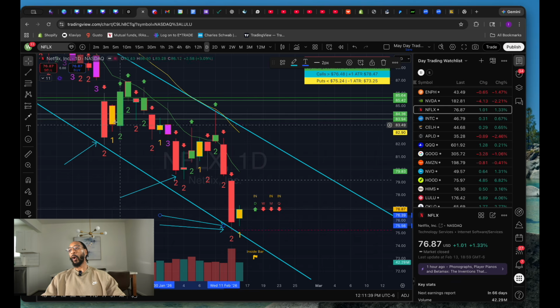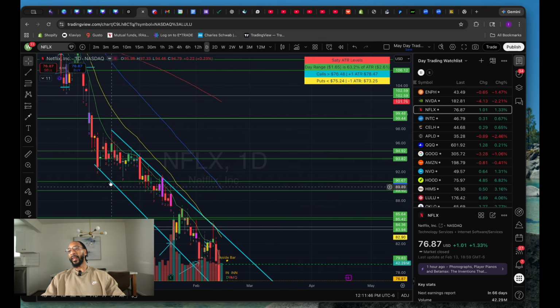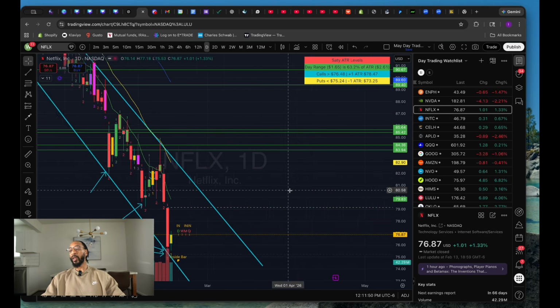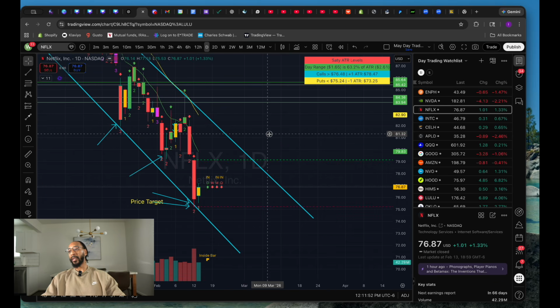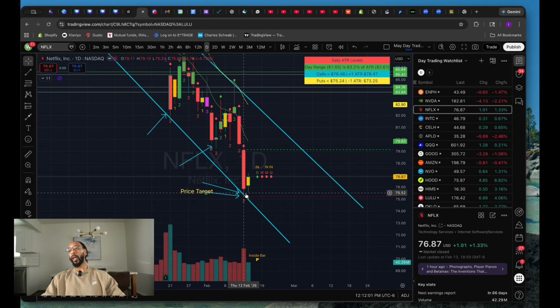It did create a lower low based on the trend line, right? Because we are in a downtrend, right? And in downtrends, we have lower lows and lower highs. So we have a lower low, a lower low, a lower high, and a lower high. So based on this trend, we're going to make a lower low, and based on the trend line, the price is right here at 75.50.